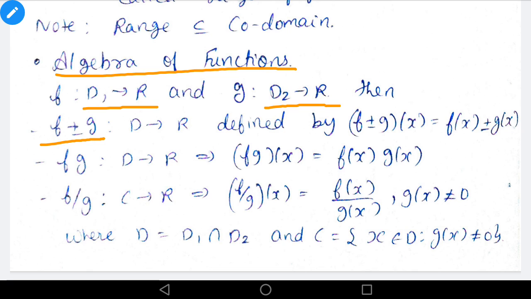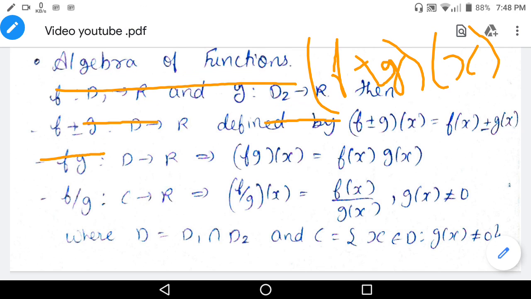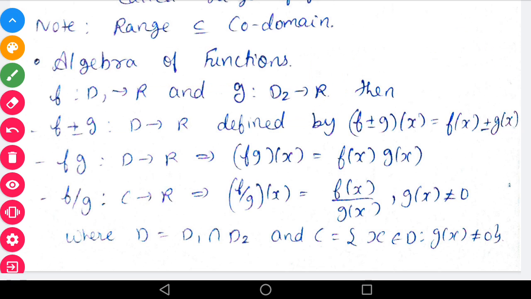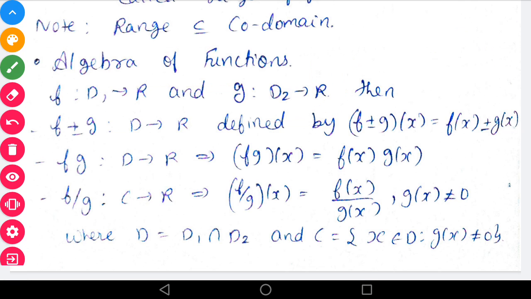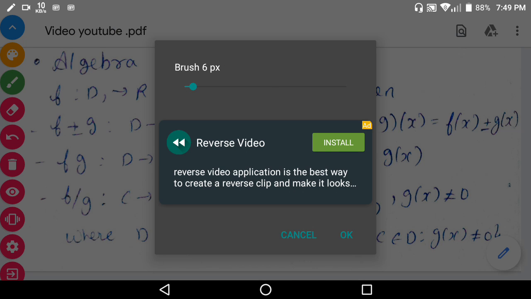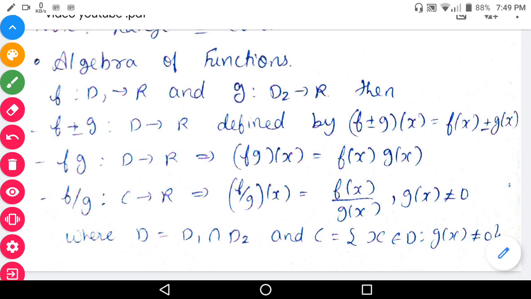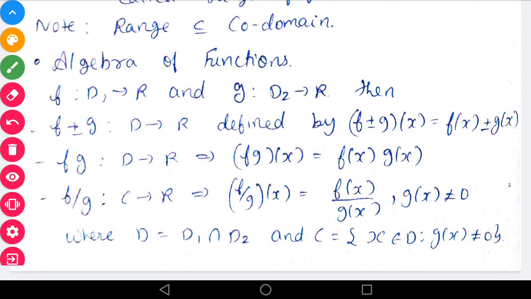So if it is f plus g of x, we can separate this into f of x and g of x.